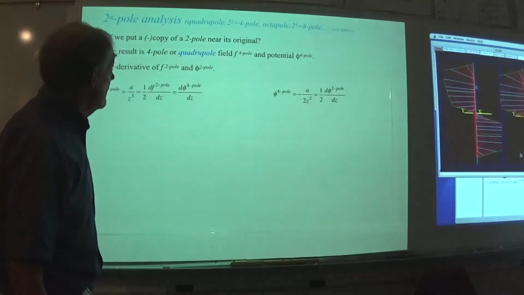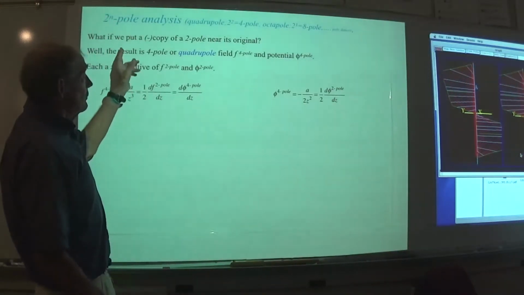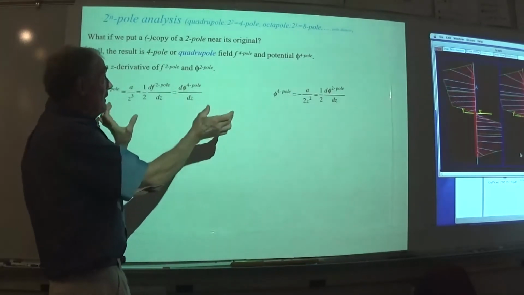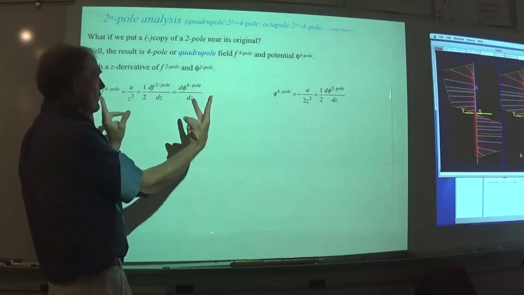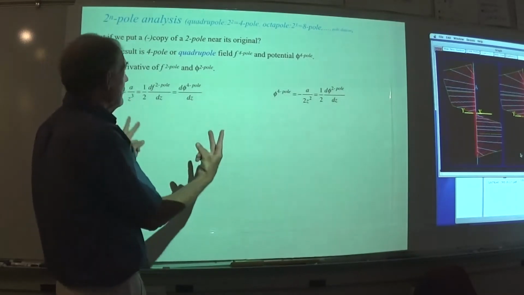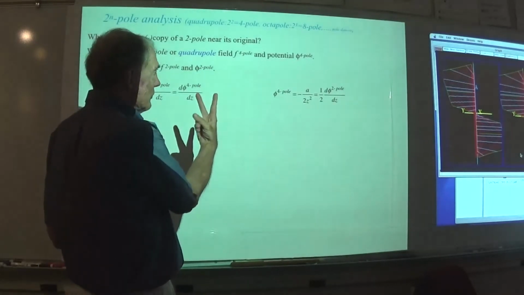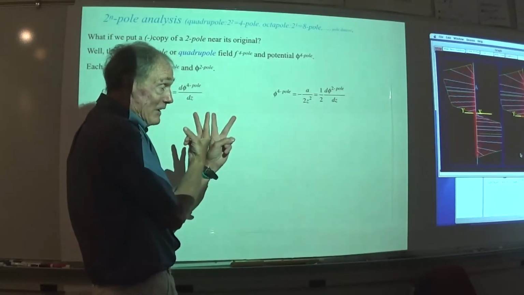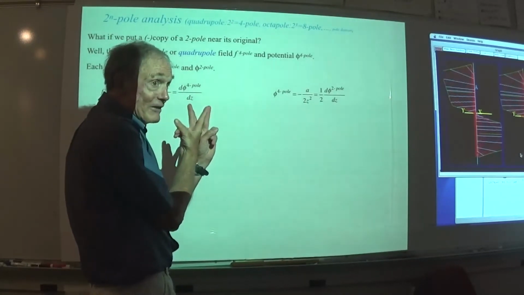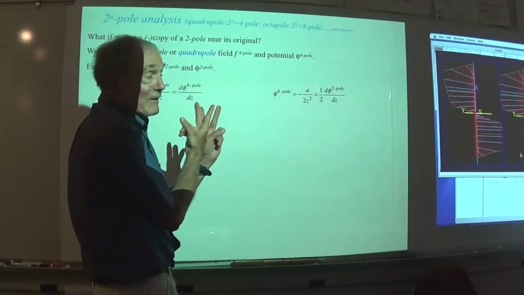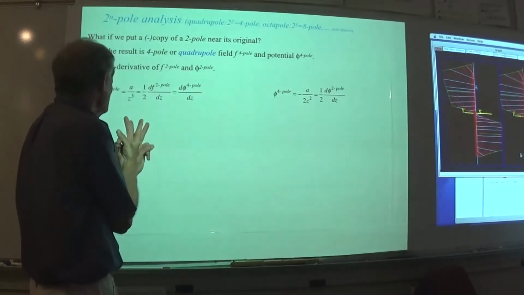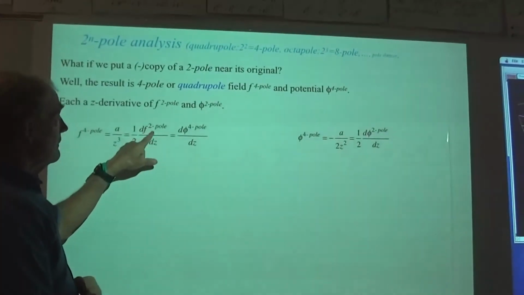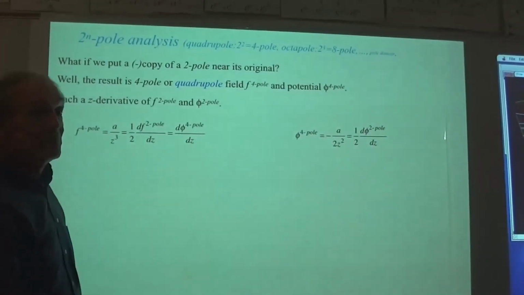Anyway, next stop. What do you do to make the quadrupole? You take a pair of 2 poles, 2 fingers, and basically what you do is you take one set, make a Xerox copy of it, change its sign, and put them on top of each other. That's a derivative, right? So that's exactly what we're doing here, taking a derivative of a dipole and making a quadrupole.